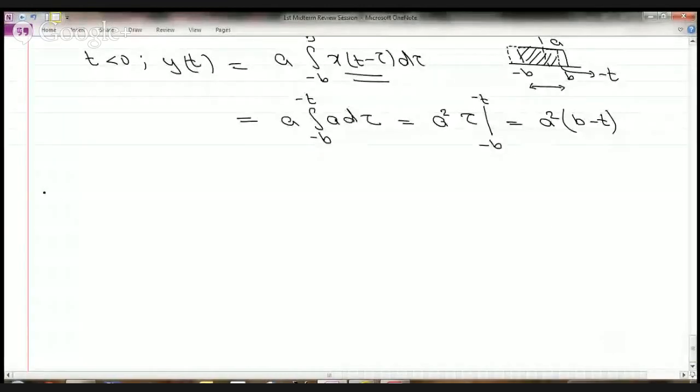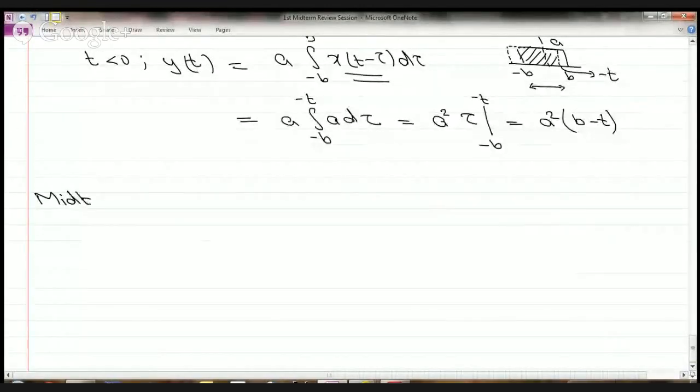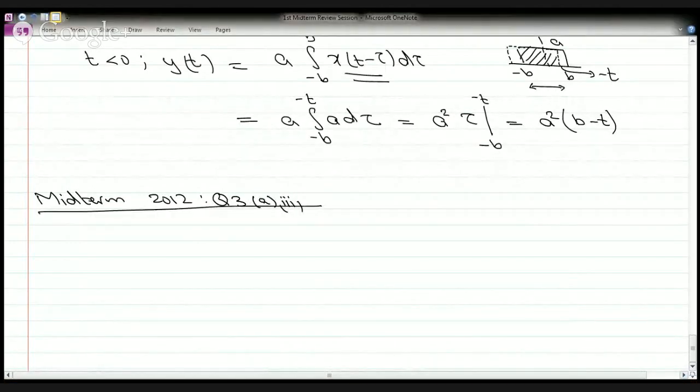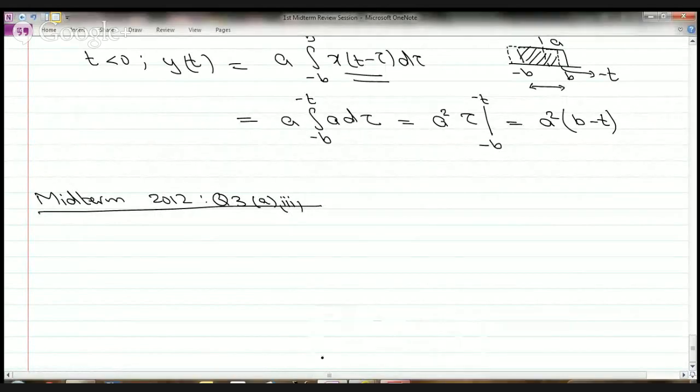Okay, so this is midterm 2012, question 3A3. I presume that the question is not about how we got H of e to the j omega.